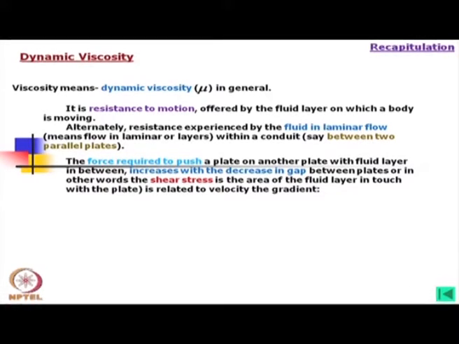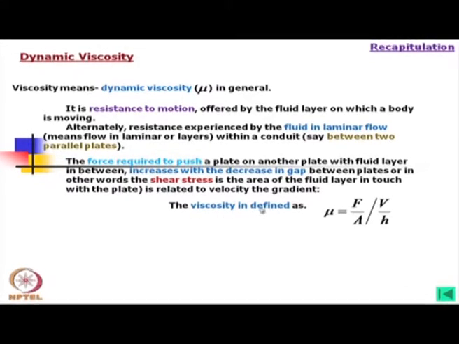The force required to push a plate on another plate with a fluid layer in between increases with the decrease in the gap between the plates. In other words, the shear stress, the force per area of the fluid layer in touch with the plate, is related to the velocity gradient.